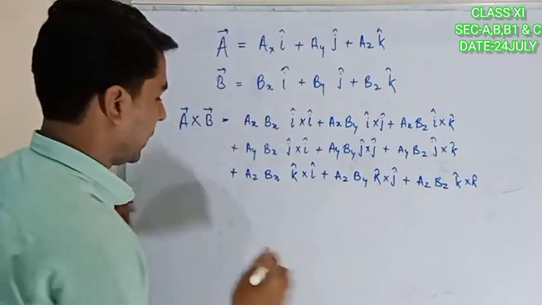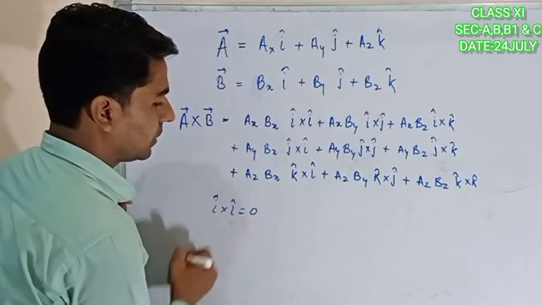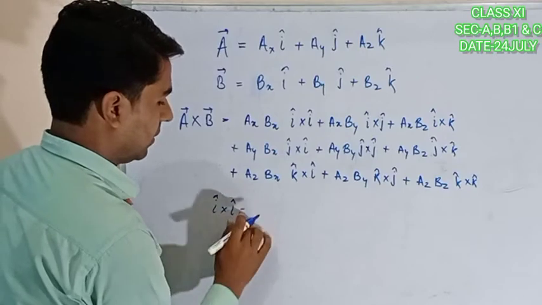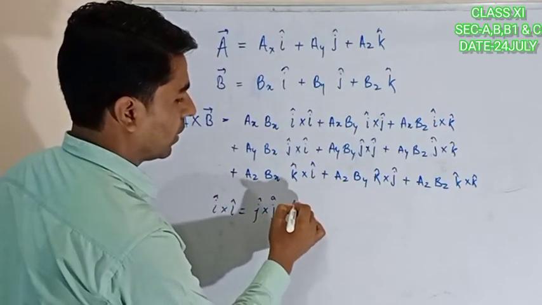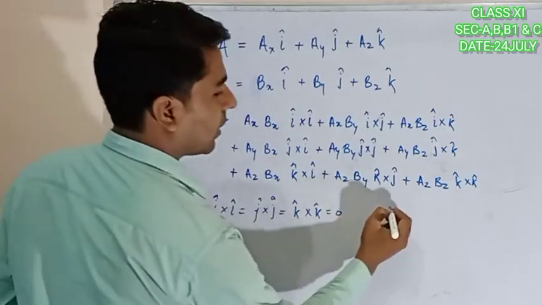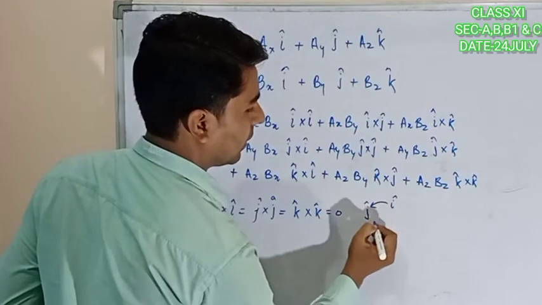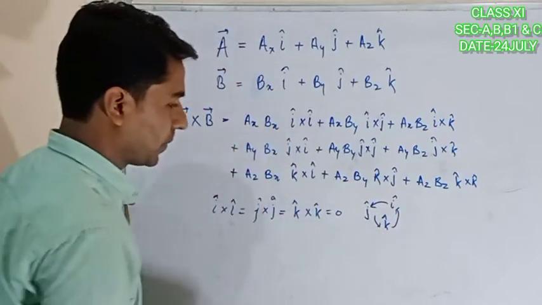Just to remind you, i cross i, j cross j and k cross k are all equal to 0, and remember this cycle: i to j to k.